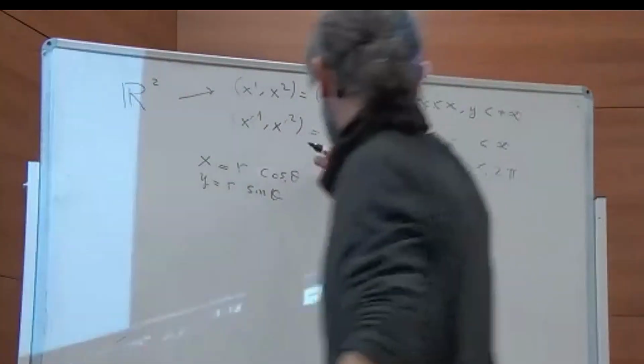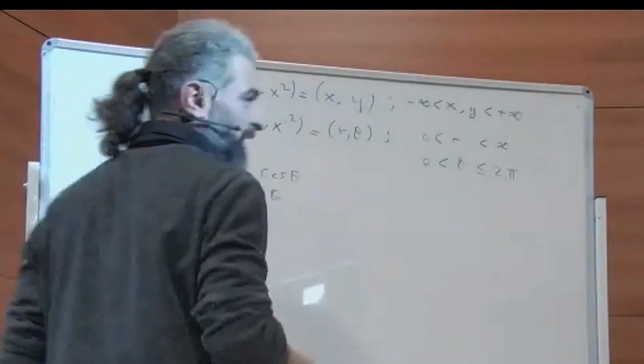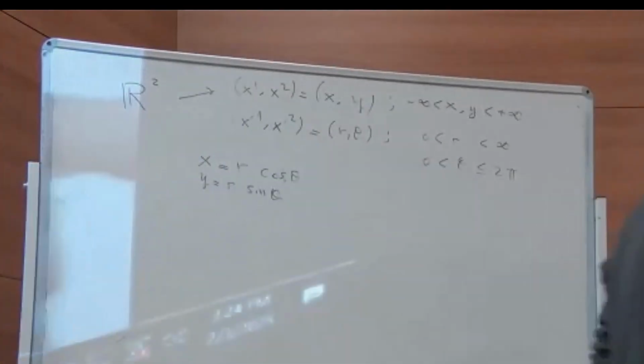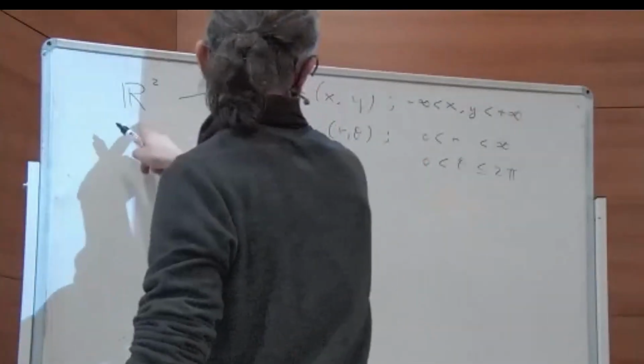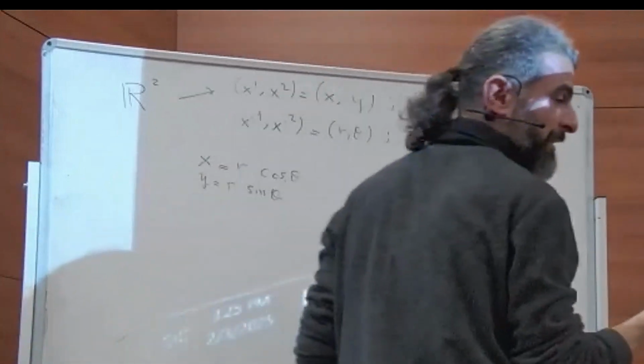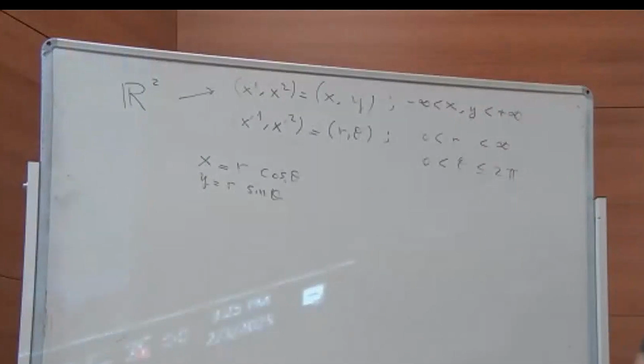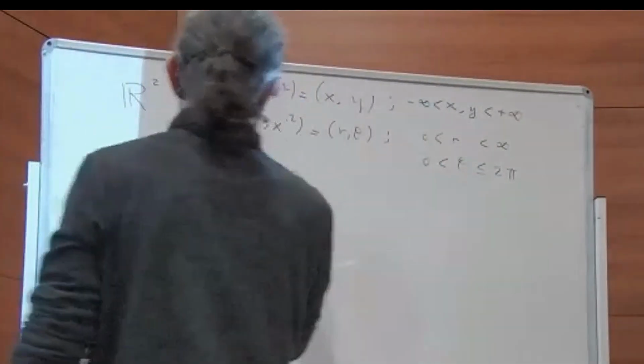This coordinate system, the polar chart, has a coordinate singularity at the 0 point, corresponding to the radial coordinate. So it's not covering all of R2. The origin is missing in this description. We should know that.